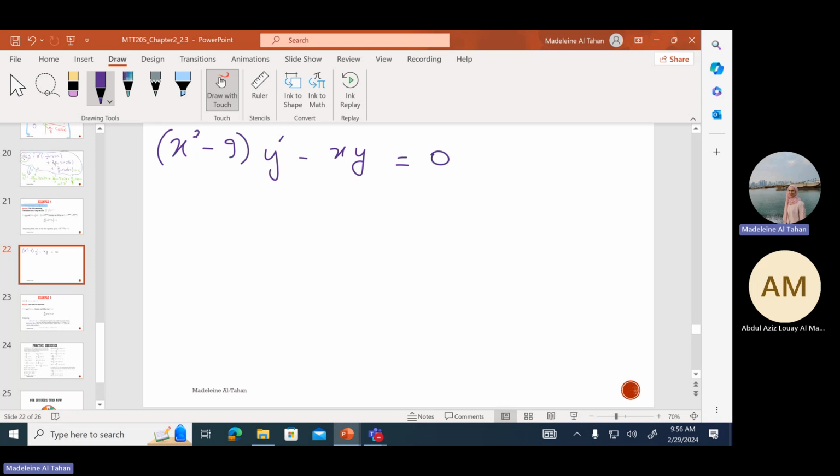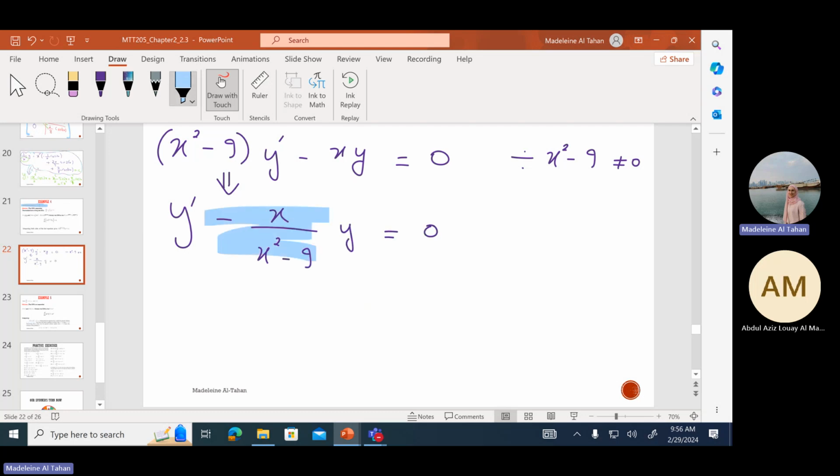First write it in standard form. What will we get after dividing? y prime minus x over x squared minus 9 y equal to 0. Now it's in standard form.